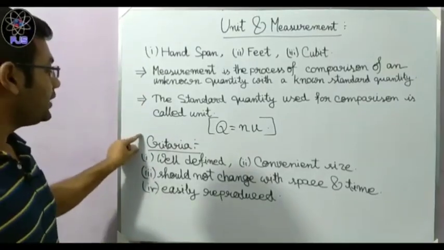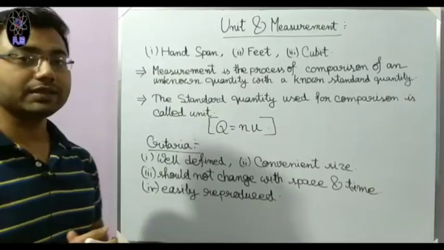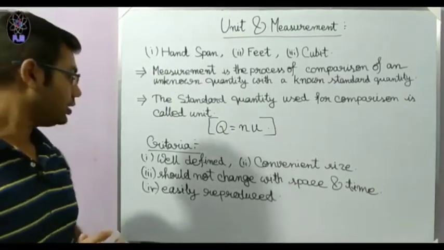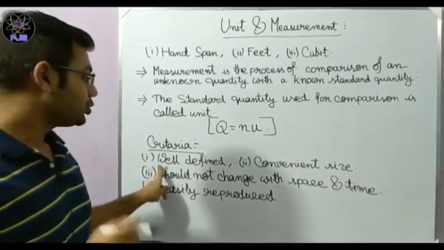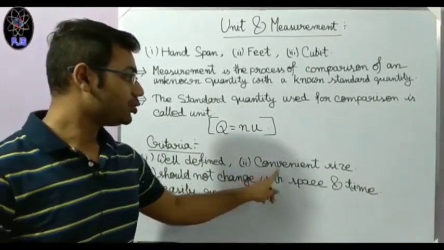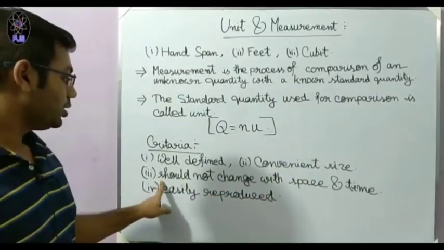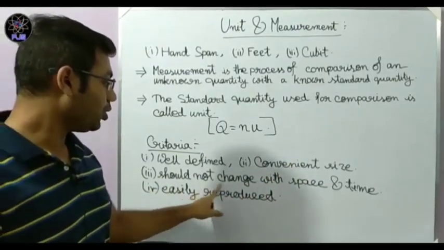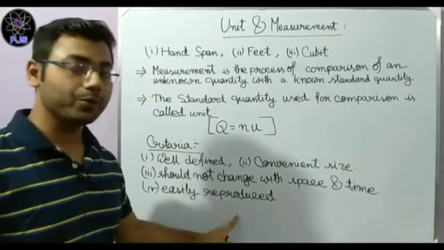So the criteria that should be maintained for every measurement and every unit are that units should be well defined. Second, unit should be of convenient size. Third, it should not change with space and time and should be easily reproduced.